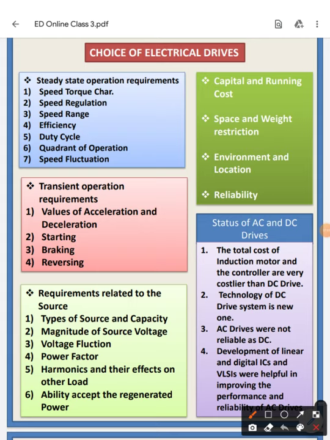Okay. Now the next part is the status of AC and DC drive. So what is the status? The total cost of the induction motor and the controller is much costlier than DC drives, but the maintenance cost of the DC motor is very high as compared to AC drives.